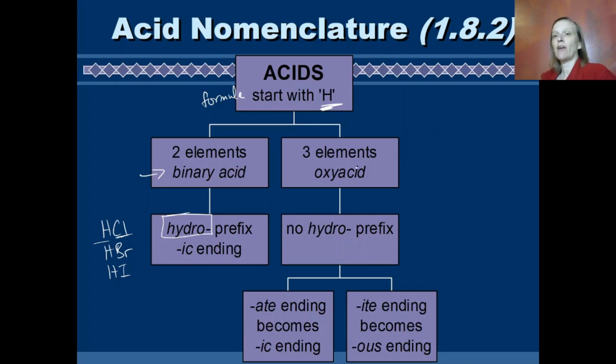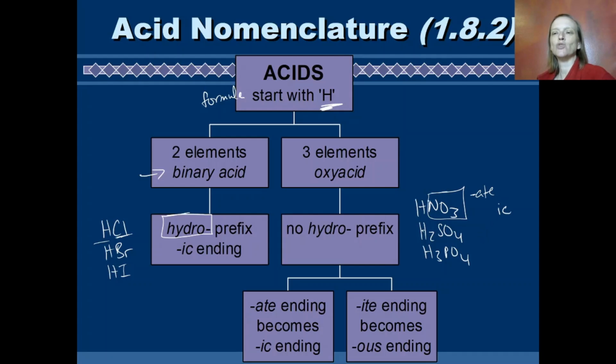There's a different category of acids that have 3 elements, and these are oxyacids. Examples of those would be things like HNO3 or H2SO4 or H3PO4. If the ion has an ate ending, then that ate becomes ic.